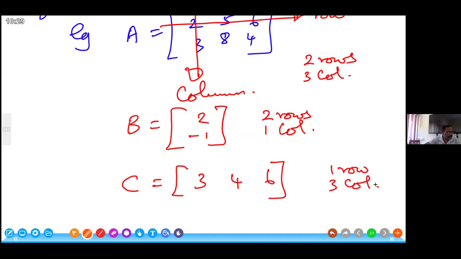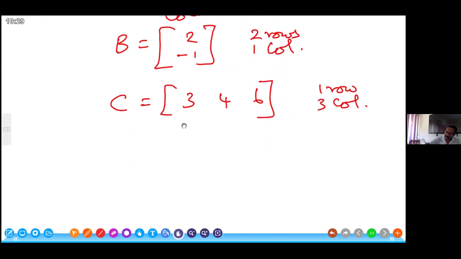So this matrix, as we said, is a kind of rectangular arrangement of numbers.